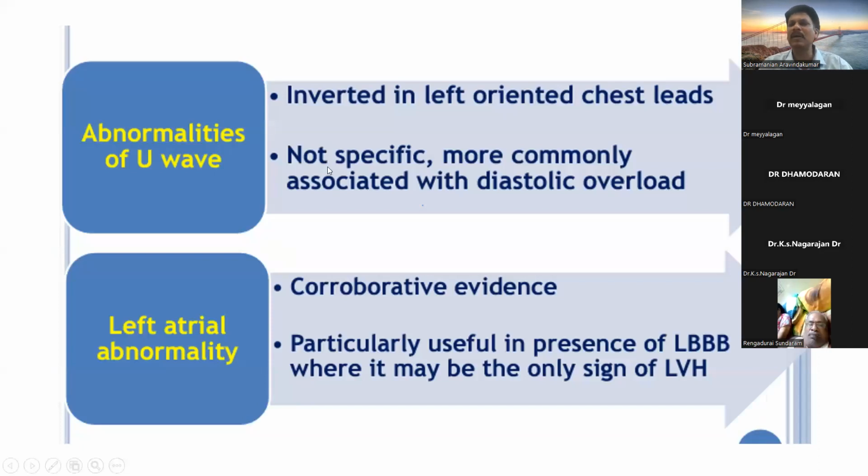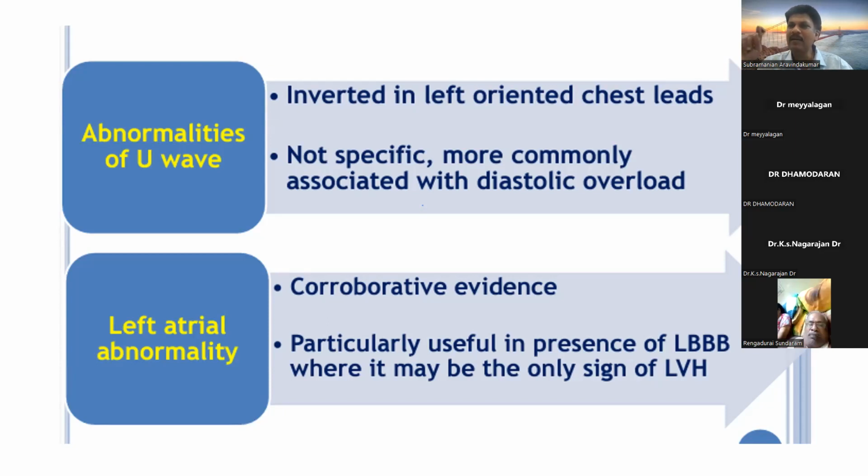Rarely you will have abnormalities of the U wave. It is not a common form. Left atrial enlargement is secondary to the left ventricular hypertrophy. In chronic hypertrophy, the left atrium finds it difficult to fill the left ventricle. It becomes enlarged and you will have a left atrial enlargement. How do you recognize left atrial enlargement?